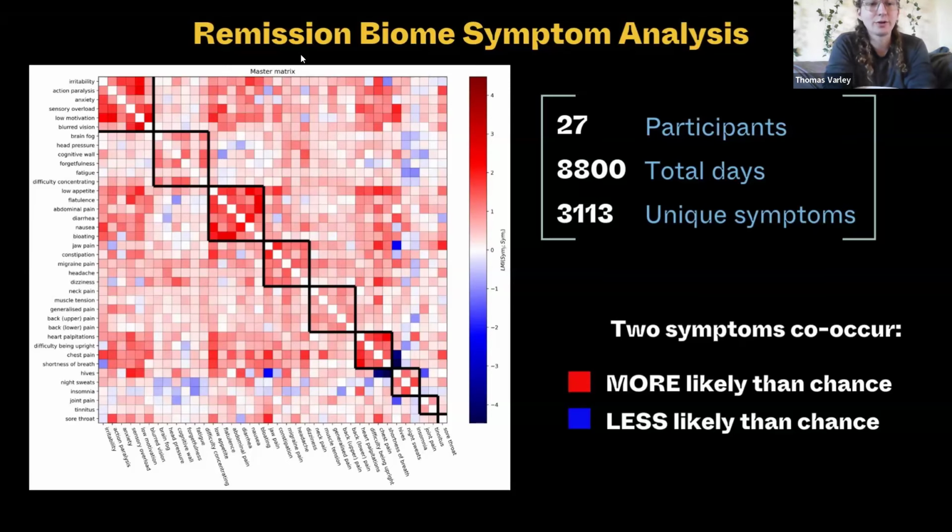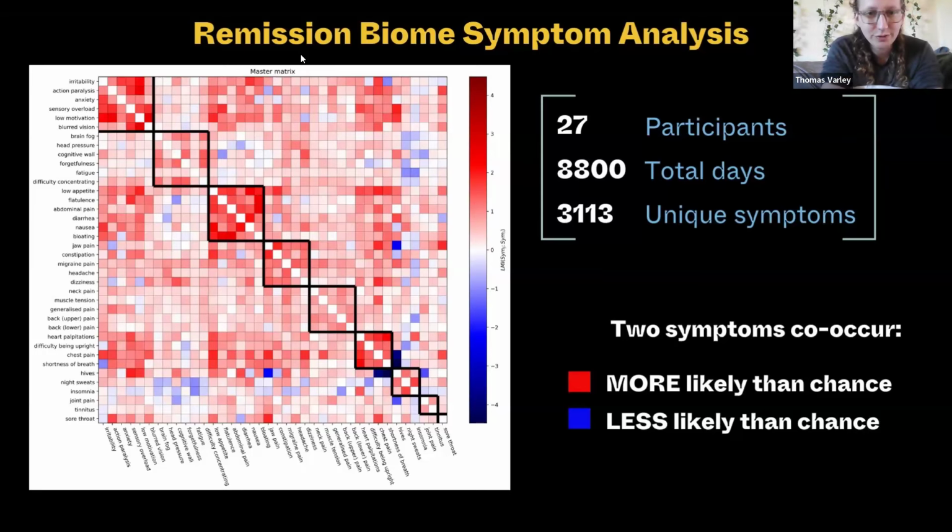I aggregated all of this data into a master data set designed to tell us about the structure of symptoms in ME/CFS and long COVID. We had 27 participants, and if you count all of the person days, it's about 9,000 person days, which is about 10 years, give or take. And then we had 3,000 unique symptoms spread out between everybody.